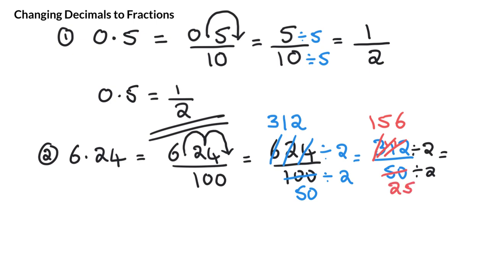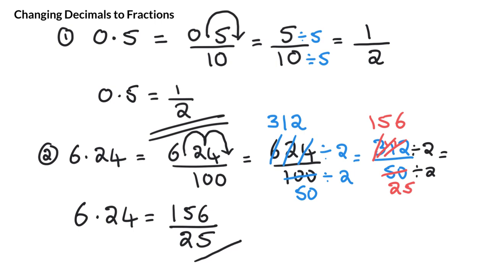So the decimal representation 6.24 can be written as 156 over 25. Is there a number that can divide both these numbers? No. So we say that this fraction is in the most simplified form, although it is an improper fraction.